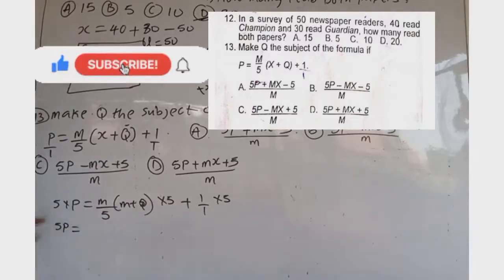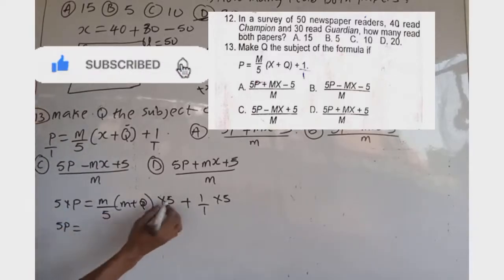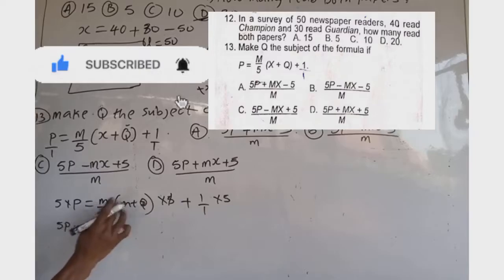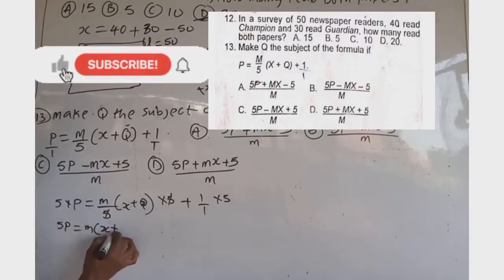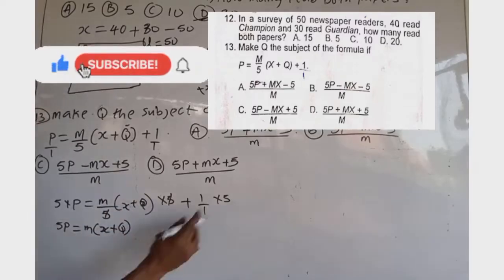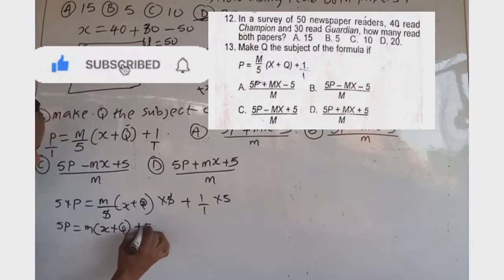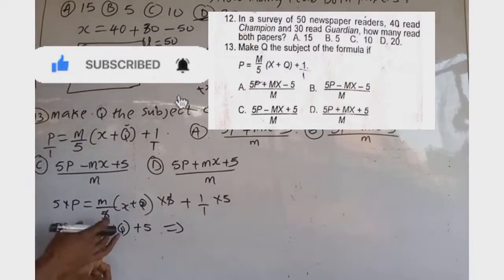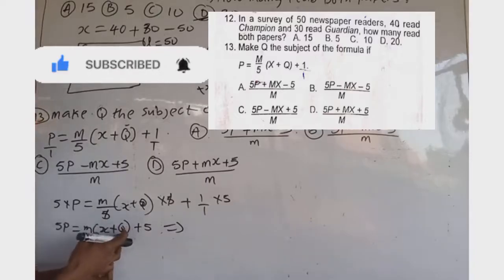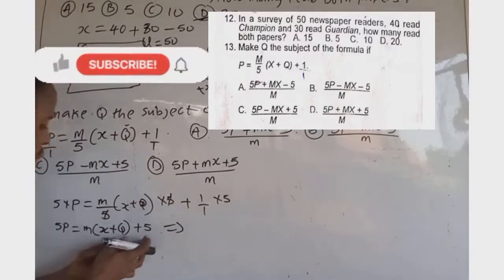So in this way, 5 times P, we have 5P equal to, in this place, this 5 cancels this 5. We are left with m into bracket s plus q close bracket. Here 5 times 1 gives us plus 5. Next, since we are working towards q as the subject, let's bring this 5 to this side.